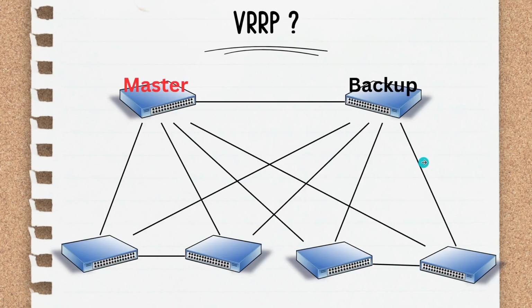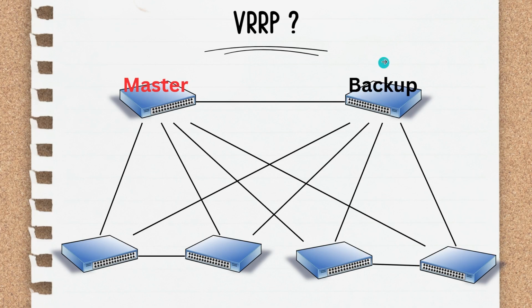How VRRP works is that VRRP communication helps us to have something called master and backup IPs. So let's say there is VRRP running between these two switches, and this switch is having some gateway IP, and currently this is master.